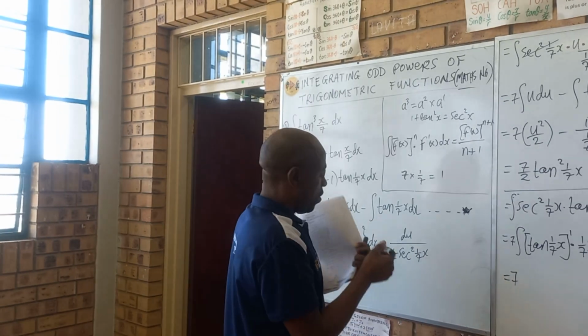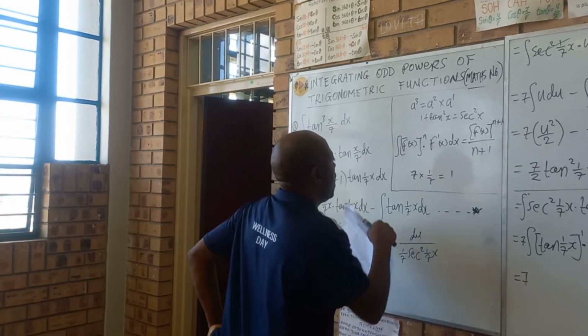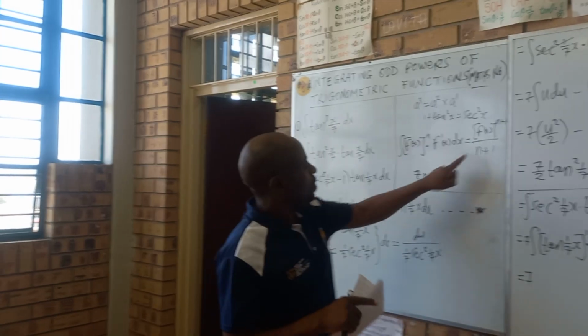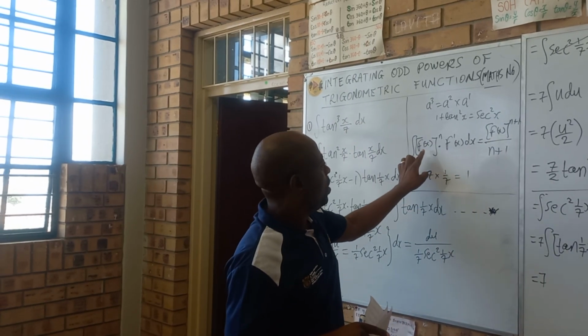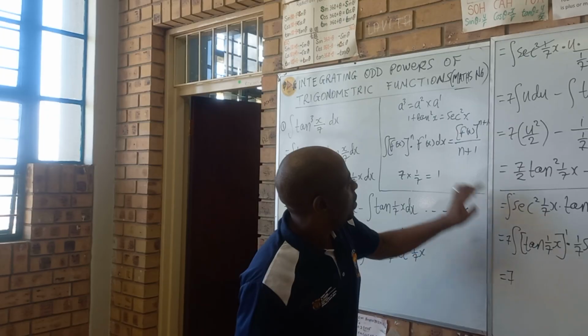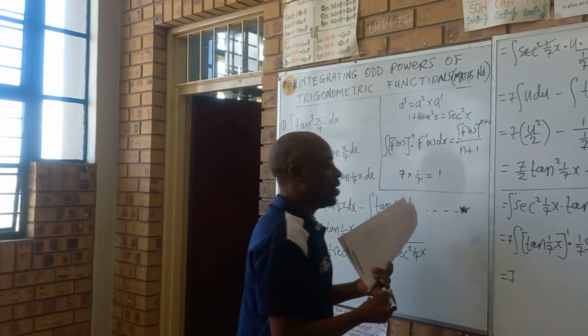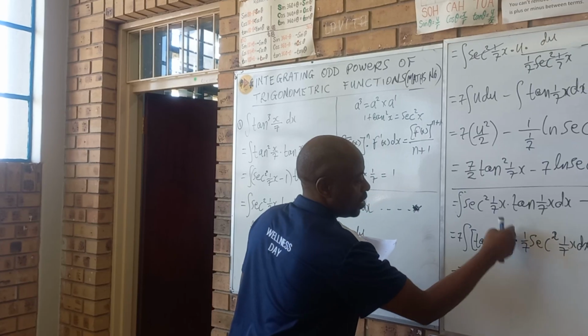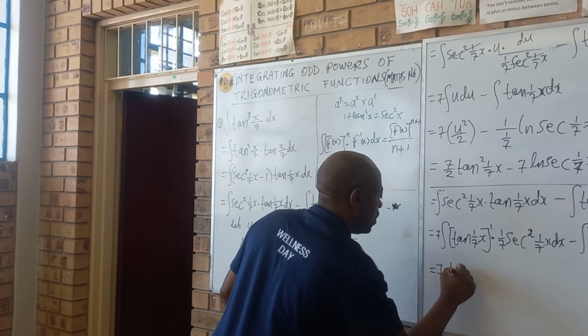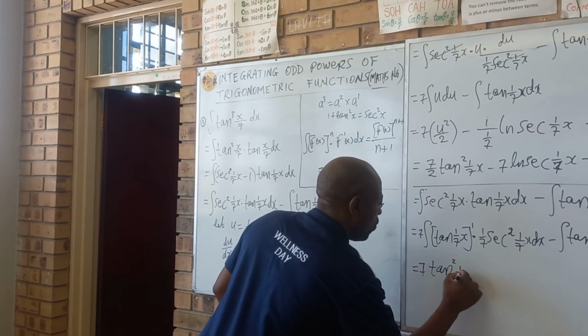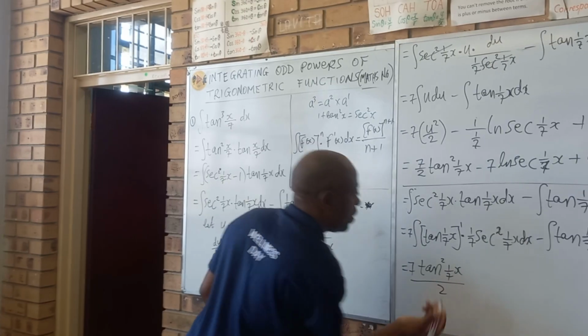On the right, whatever I place in the position of f on the left, I will do it on the right. You remember, in the position of f we placed tan. So on the right we also place the same tan and make sure its power increases by 1. Our tan here, the power is 1. If you add 1 to it, it becomes tan squared 1 over 7x, then we divide by 2.